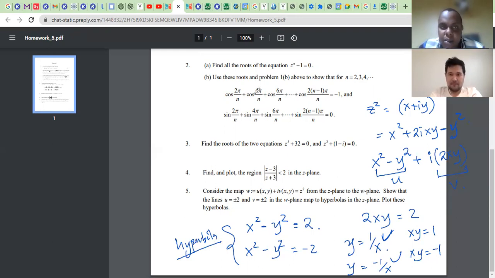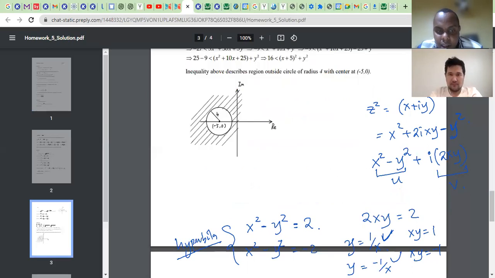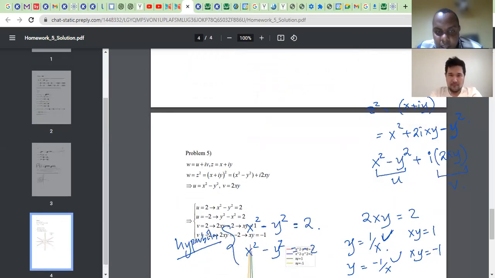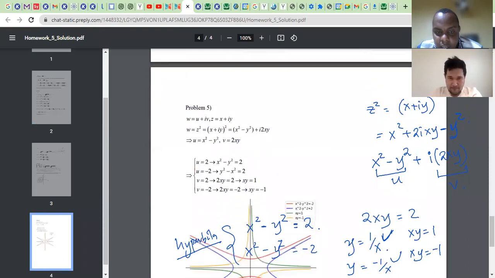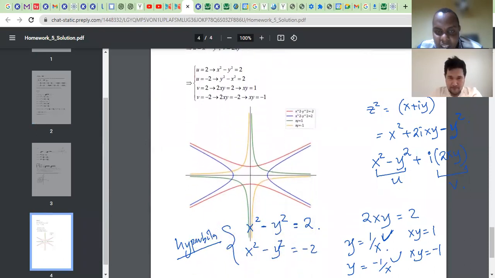So let's just look at the graph and see how they did it. Yep, they did it like us. They drew the hyperbolas x squared minus y squared centered at the origin, and they also drew the rational function 1 over x, which is this one, and the rational function negative 1 over x, which is this one.